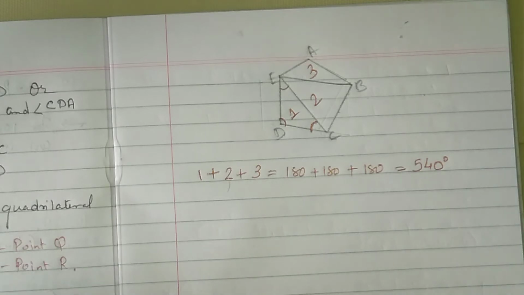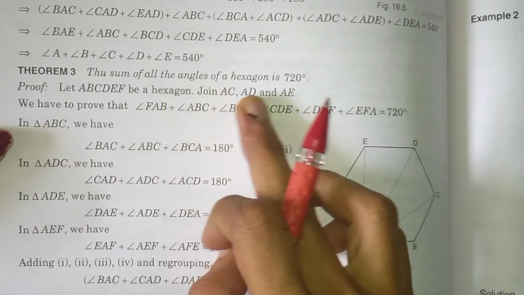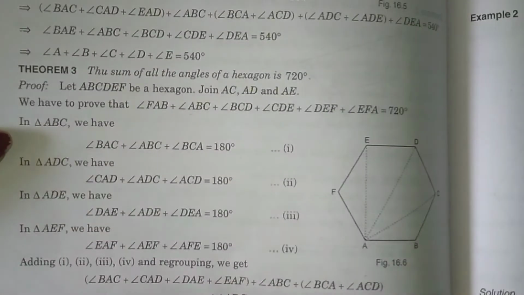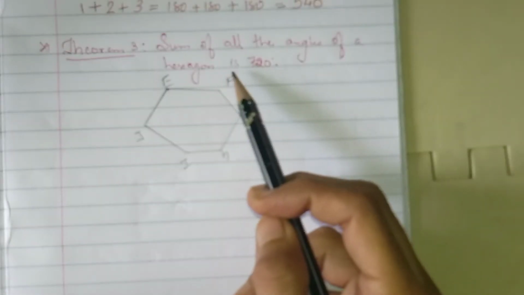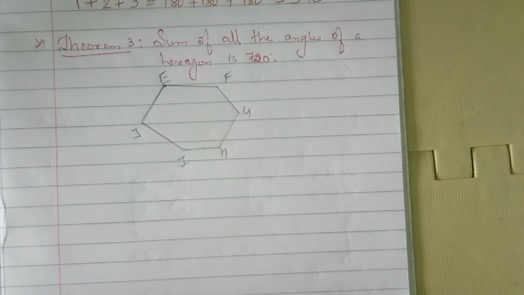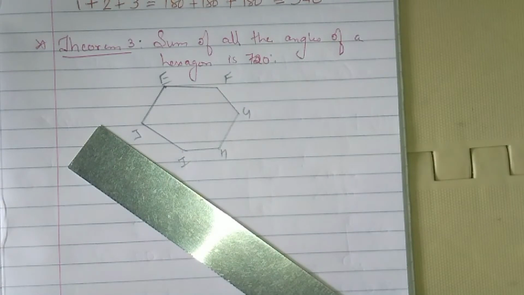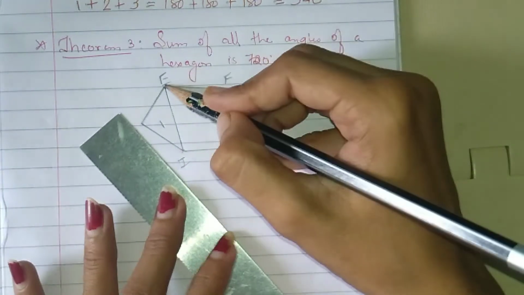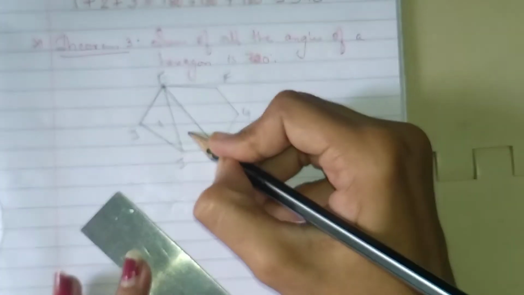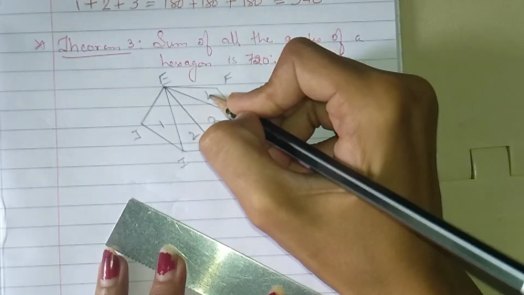We'll see another theorem, which is the third one: the sum of all angles of a hexagon is 720. Theorem 3. In the same way as the pentagon, I am splitting this hexagon into triangles: first, second, third and fourth.